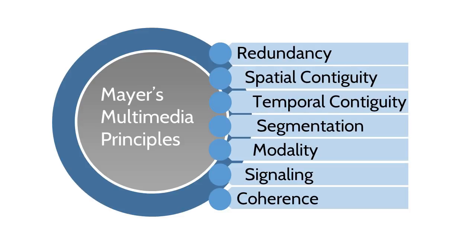Break up complex ideas or visuals into small user-paced pieces. Remember modality. Use narration instead of on-screen text whenever possible. Practice signaling. Create mental cues to highlight what is most important. And focus on coherence. Eliminate anything that is distracting or unnecessary.